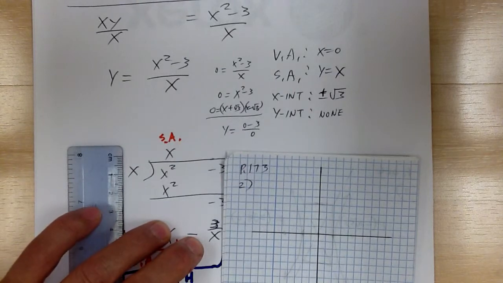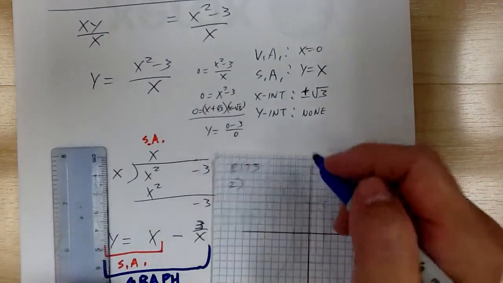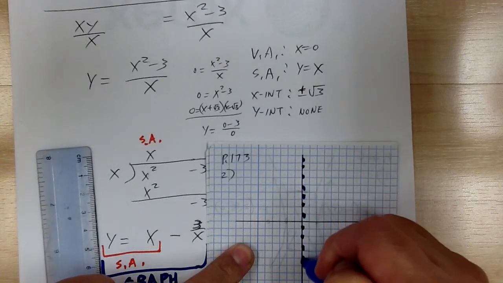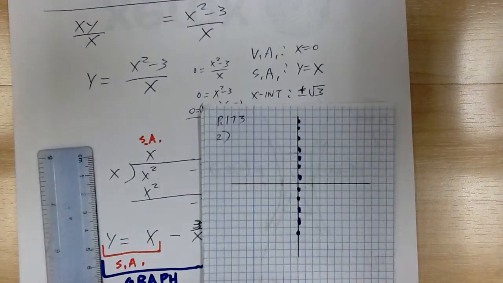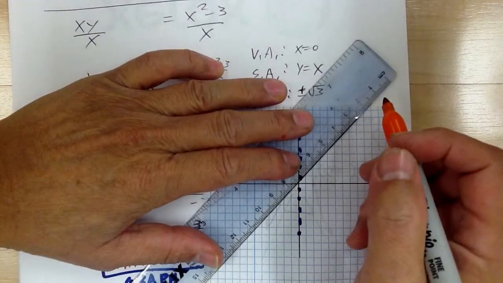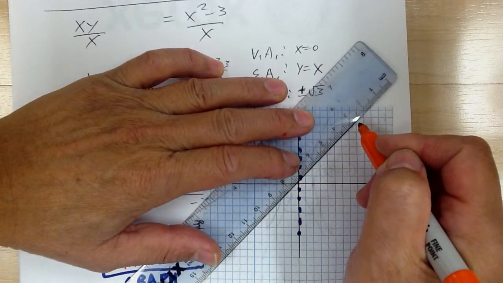First you have the vertical asymptote. It's x equal to 0. And then you have the slant asymptote, y equal to x. So that is this one here, like this.